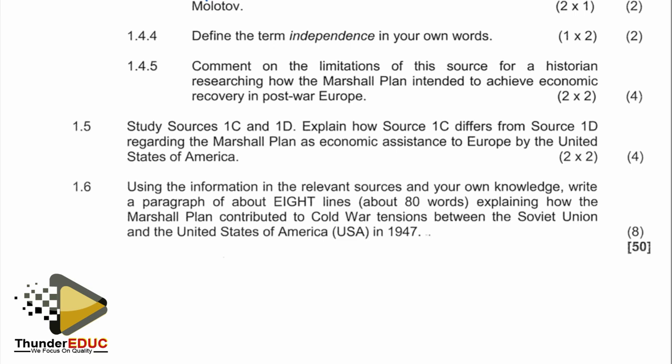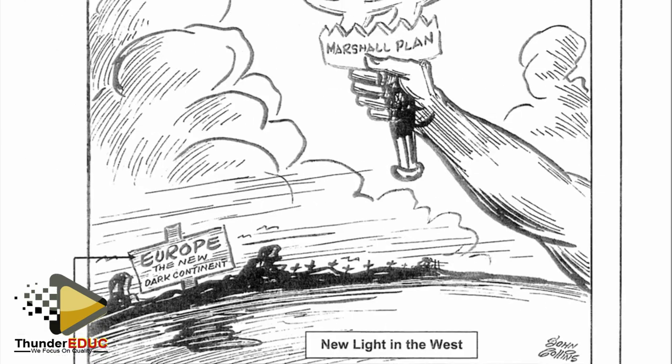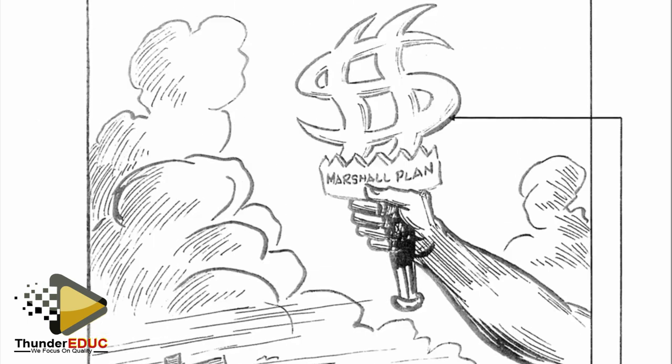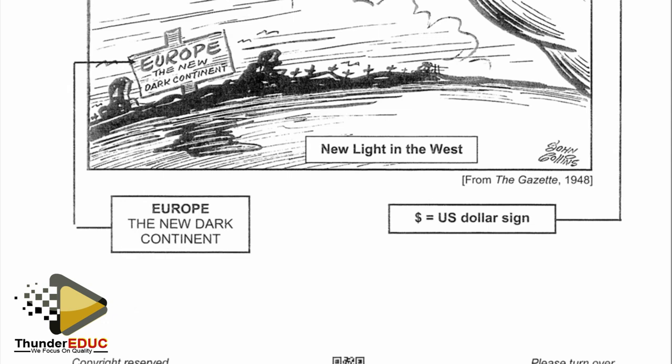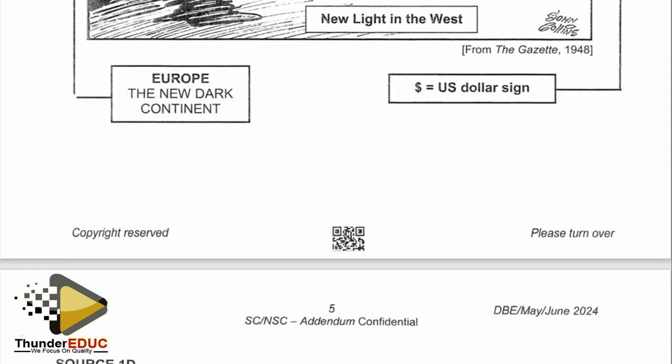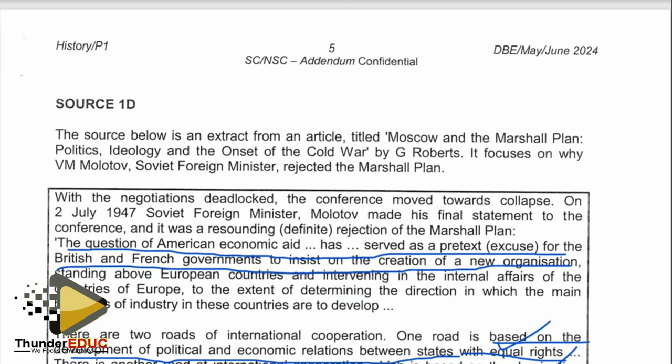States of America. Right, those two sources are two extreme ends. Source 1C is saying the Marshall Plan is the new light to the new dark continent of Europe. It is praising the Marshall Plan and showing the US dollar as the flame which is going to light up the European continent, which is now a dark continent.